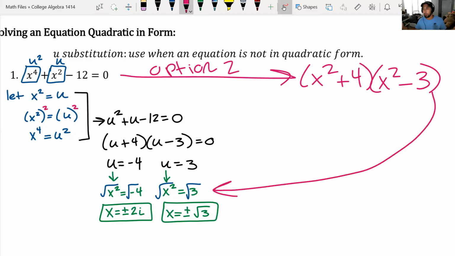You're right there, and we were done 20 minutes ago. My goodness. That's it. That's why sometimes we need U substitution, sometimes we don't. Okay. Perfect. Let's move.